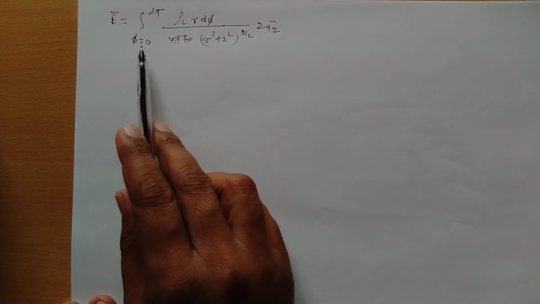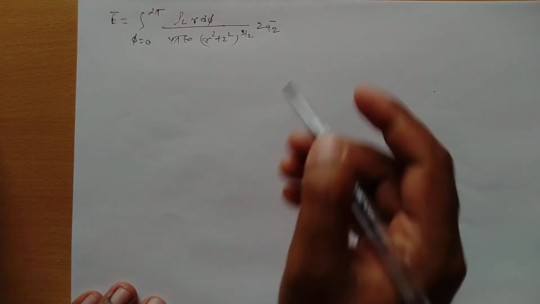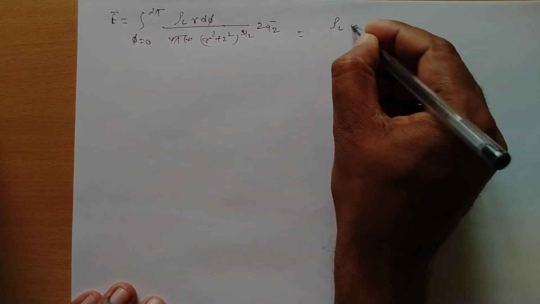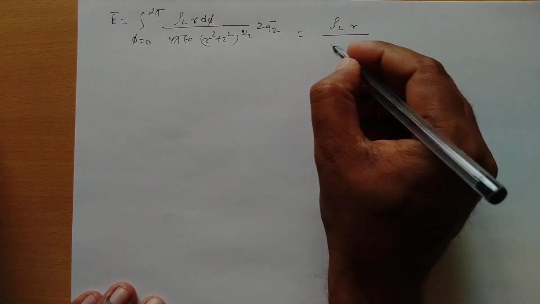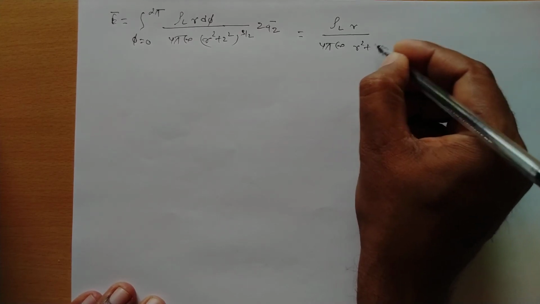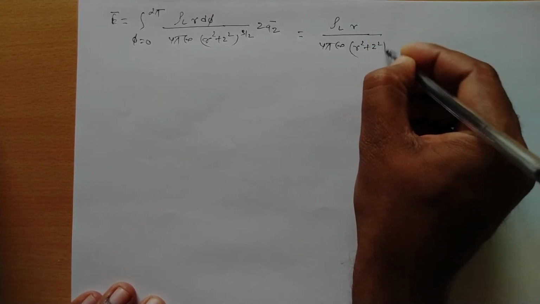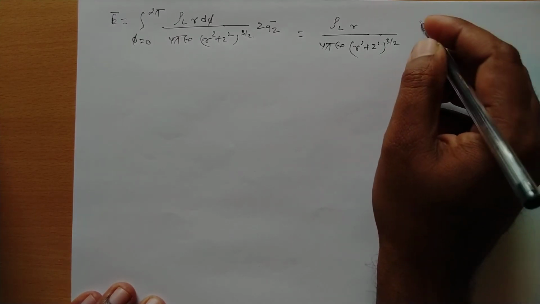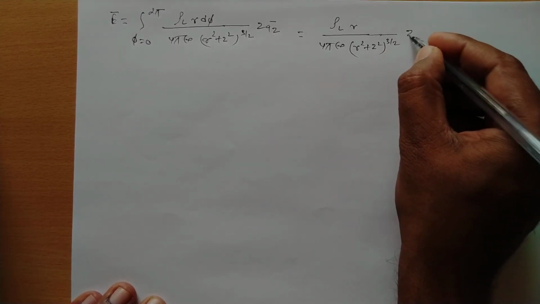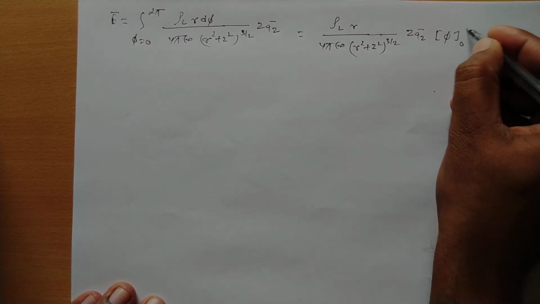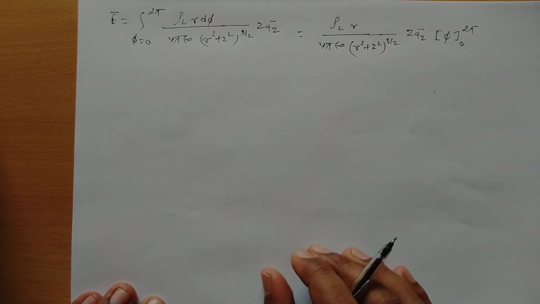So now we'll take the integration from 0 to 2 pi here. Okay, so further we'll solve this one. We'll get rho L R divided by 4 pi epsilon naught (R square plus Z square) to the power 3 by 2, and I can write Z aZ, integral d phi, whose limit will be 0 to 2 pi.